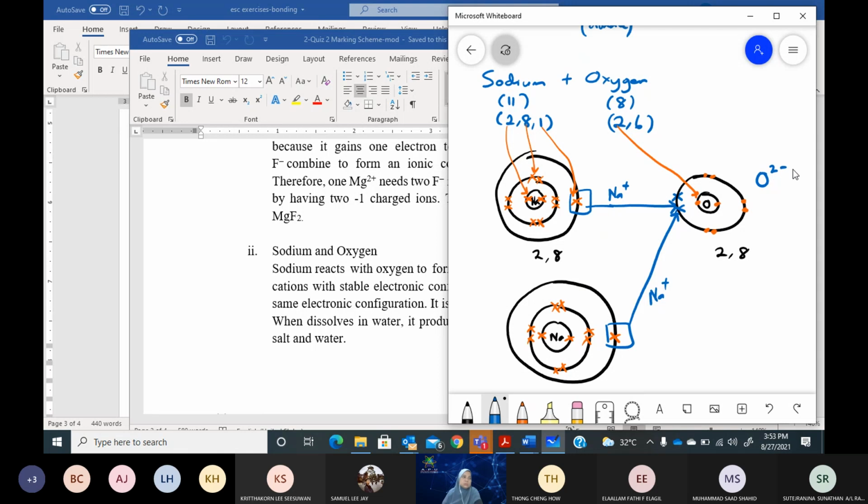Oxygen 2-. So this one becomes Na2+. Combine these two.